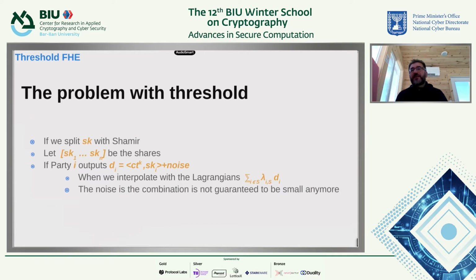Here, the problem is that the Lagrange coefficients are going to multiply the noise too. That's going to make the noise of this linear combination much bigger, and it's going to bring this value far from D. So your decryption is not going to work anymore, and what you're reconstructing is basically useless. Okay, so is it clear what the issue is with doing Shamir?